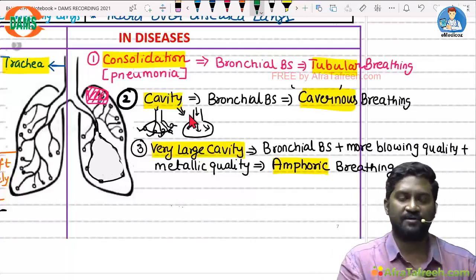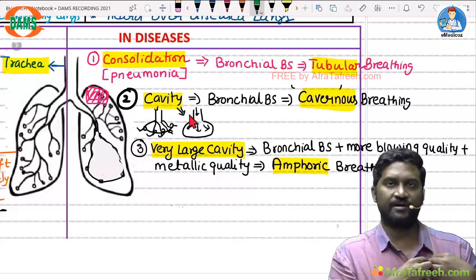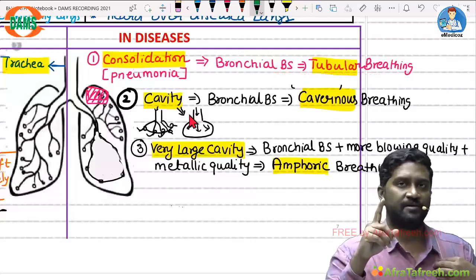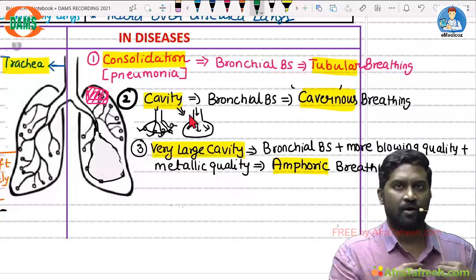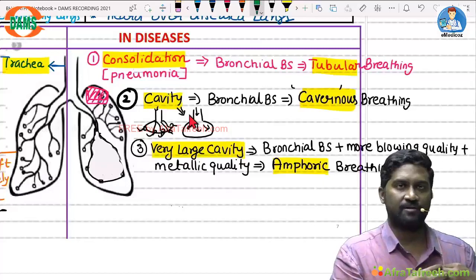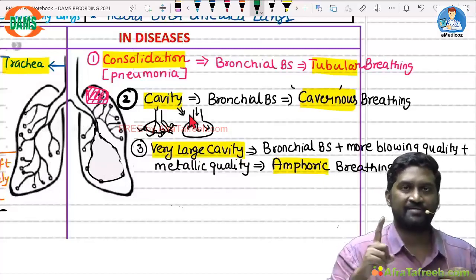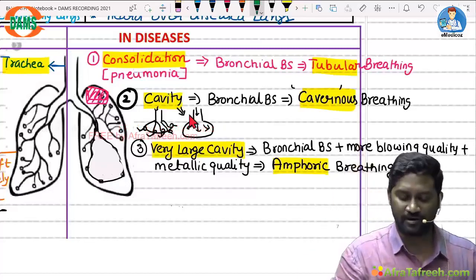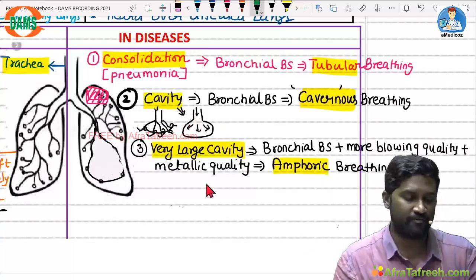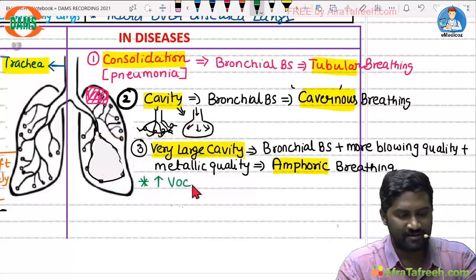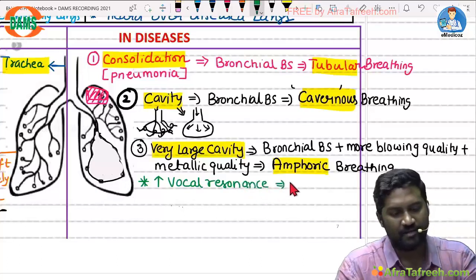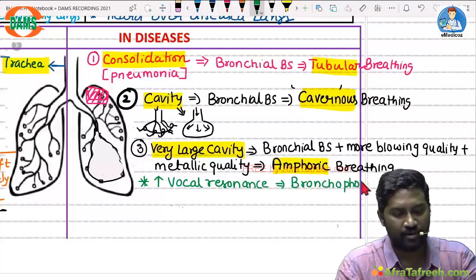On the normal side it will be audible as 1 1, but on the side of consolidation or cavity it will be audible louder. So the next important finding is this increased intensity of vocal resonance, which is called bronchophony, because that area is conducting sound more effectively.